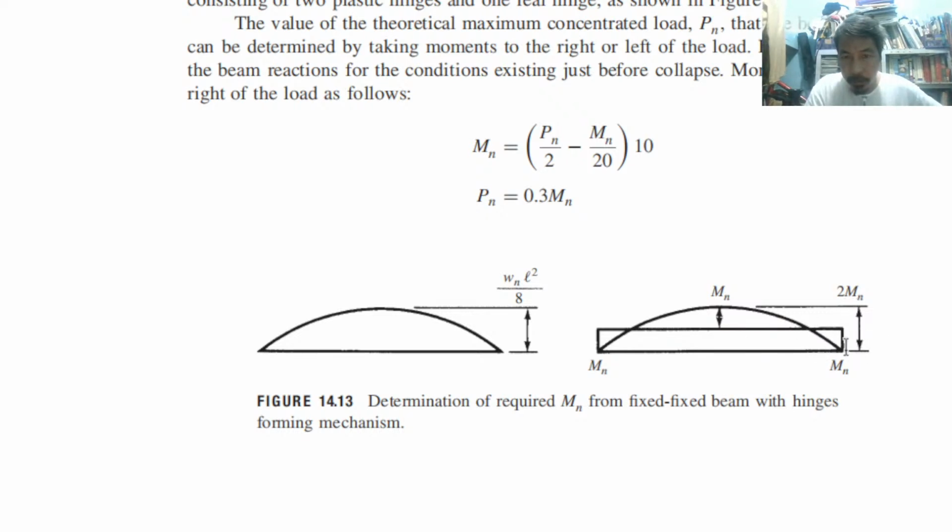Mn going down, negative. Mn going up, positive. So this is 2Mn. Okay? So you can even use this very straightforward diagram.